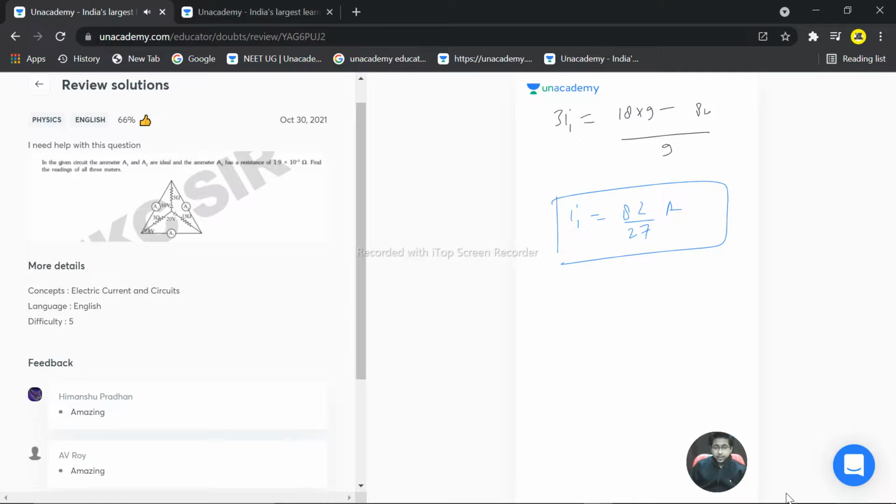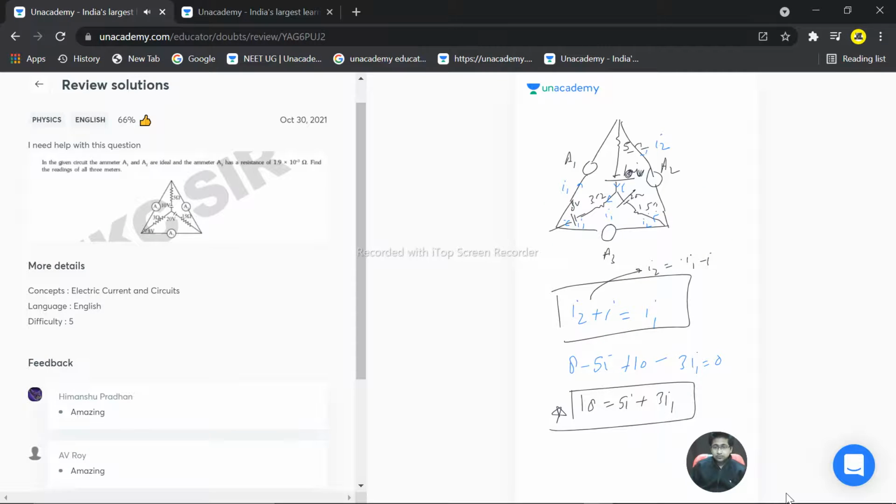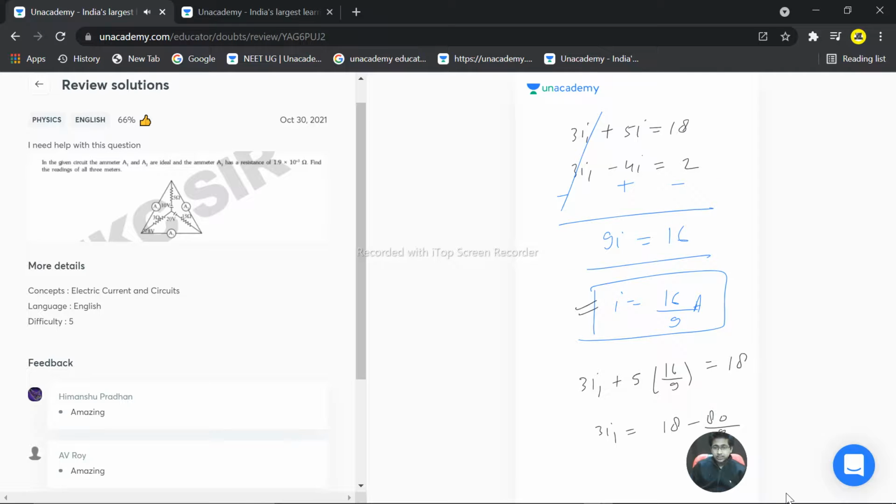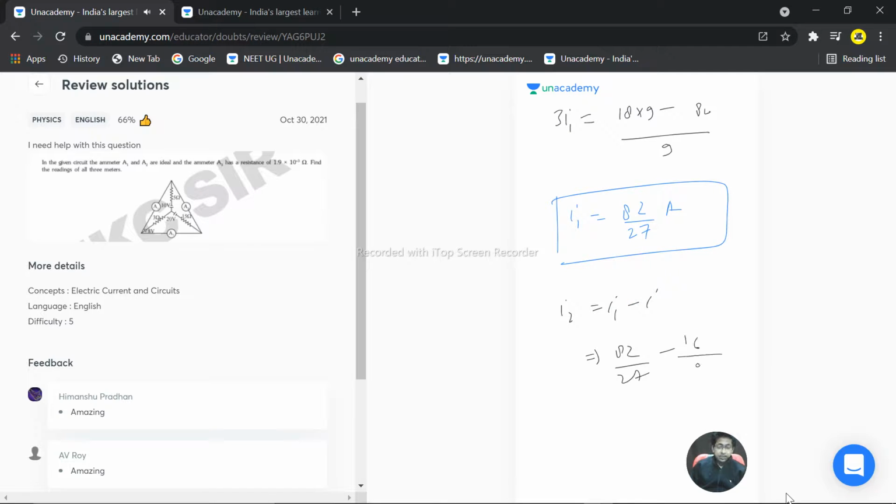We already know that I2 is I1 minus I. I1 is 82 by 27 minus total current I, which is 16 by 9. Taking LCM as 27, we get 82 minus 16 times 3, which is 48. So 82 minus 48 is 34.